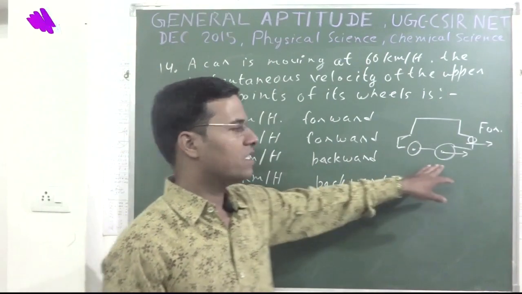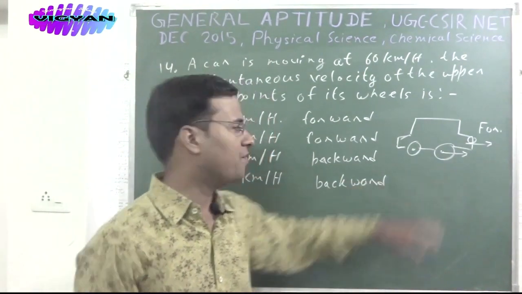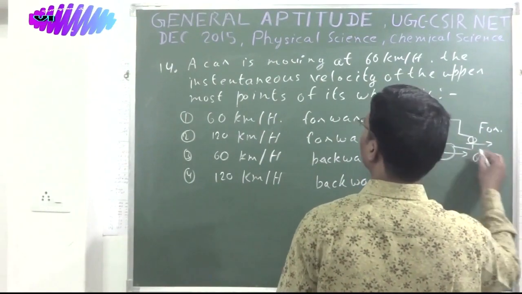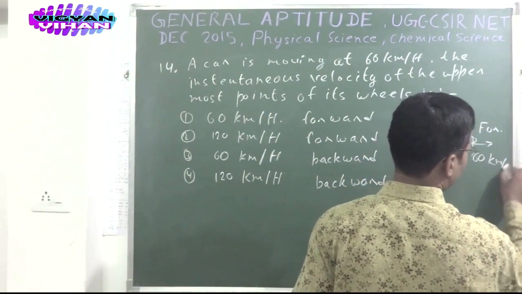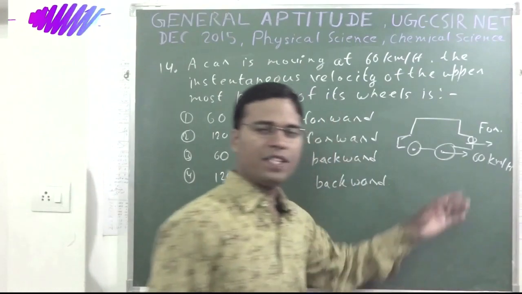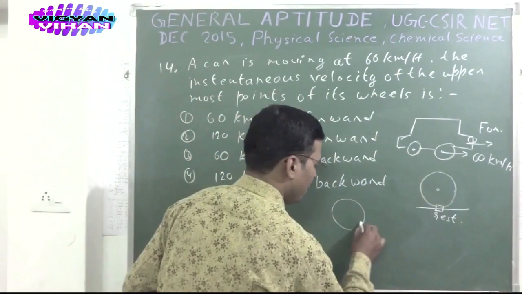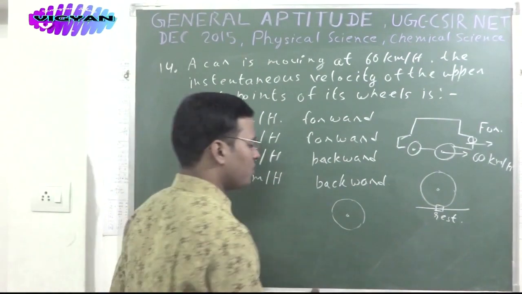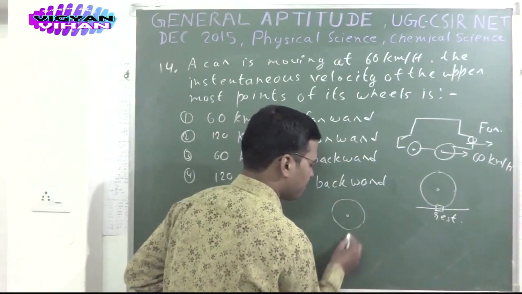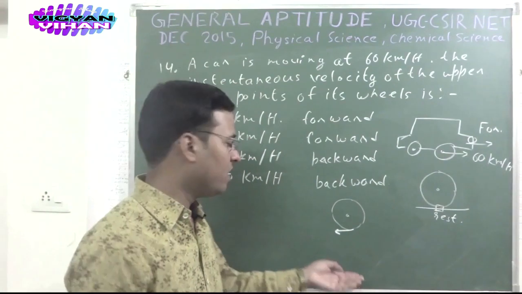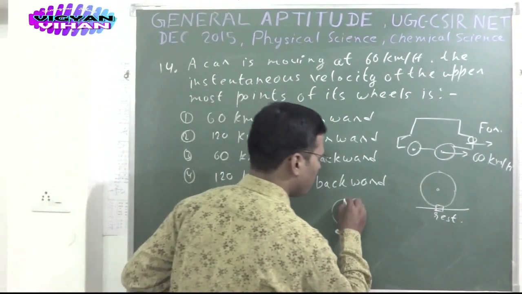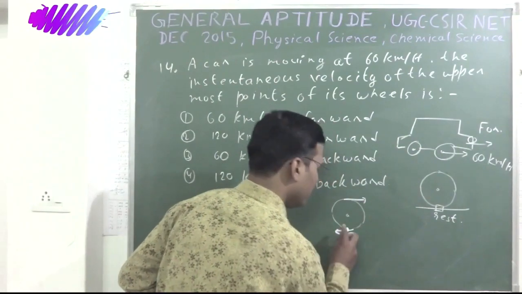In that condition, the center of mass of the wheel is going forward with 60 km per hour, the same speed as the car. If the wheel is spinning without touching the ground, in that condition, the instantaneous speed of the lowermost point is backward, the uppermost point is forward.